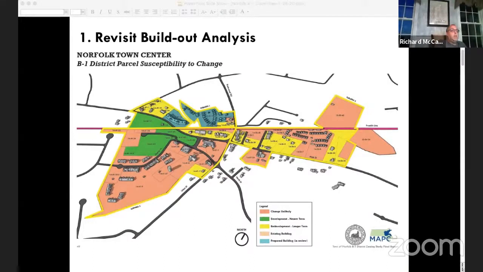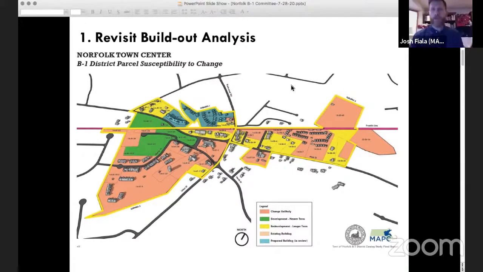It might not bear fruit as far as selling it for the core things we're talking about with the B-1, maybe mixed use or residential, but there may be a municipal related use. Again, I just want to reiterate that what we're trying to do is find a maximum worst case scenario. So if we're hemming and hawing on a site, just include it, right? Yeah, you can always take it out afterwards.